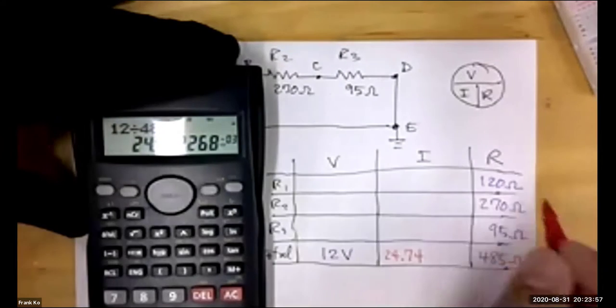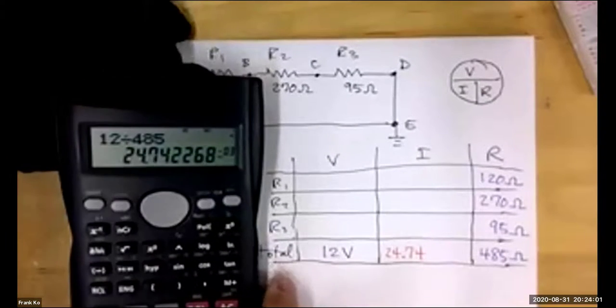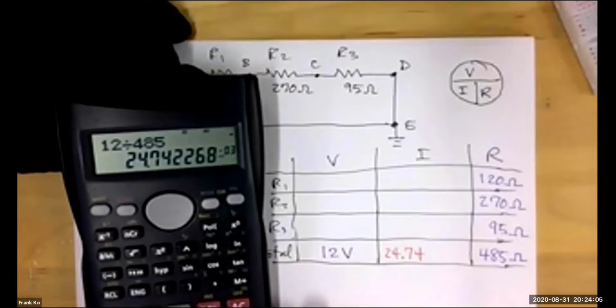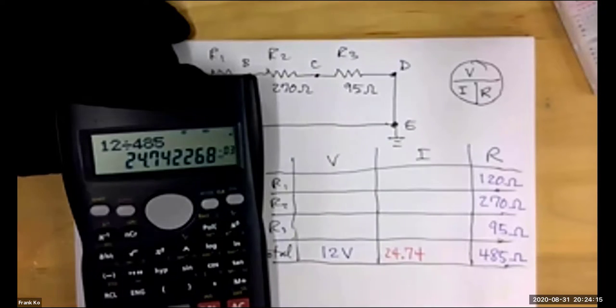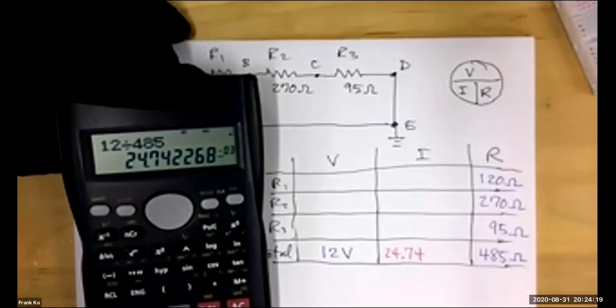Do you see some power of 10 on the far right-hand side of your calculator display? What do you see? Negative 3 power. What does your magic card tell you for 10 power negative 3? Look at your magic card. We pronounce that as milli.